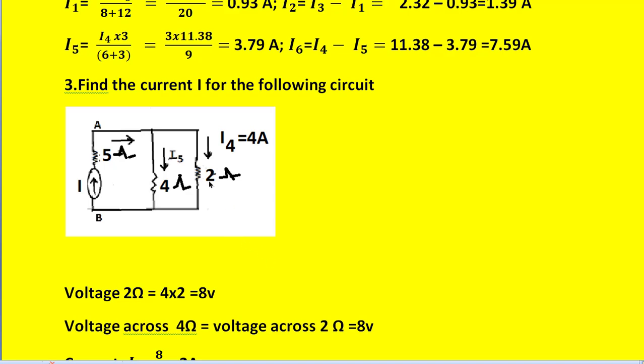If you look at this, 2 ohms and 4 ohms are in parallel to each other. So the voltage across 2 ohms is equal to the voltage across 4 ohms. Because we know the current flowing in the 2 ohms, we can calculate the voltage across it. That is, voltage across 2 ohms is 4 into 2, which is 8 volts.